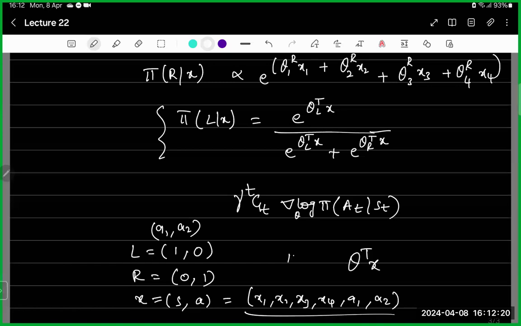And I can just write phi of a given s as theta transpose this vector. That is one way of doing it. You can come up with whatever ways you want. You just convert action also into some real number, because continuous means it will be a real number, right? You just take whatever function you want.